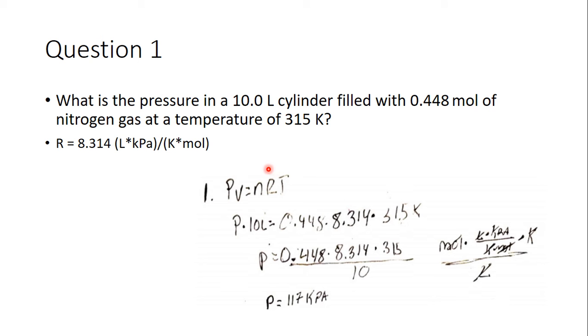Now, the only tricky thing about PV equals nRT is you have to make sure P, V, n, and T all match the units of the R you're given.